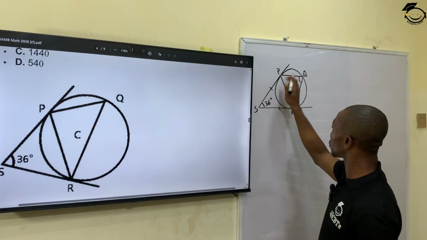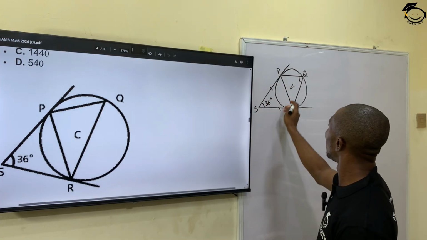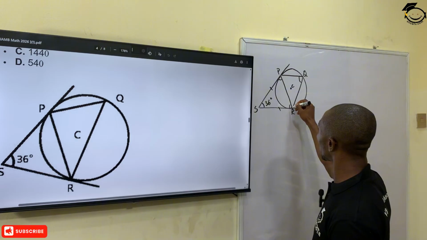If we have an isosceles triangle, we know that the base angles of an isosceles triangle are equal.